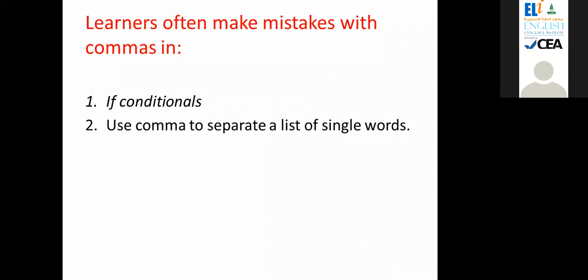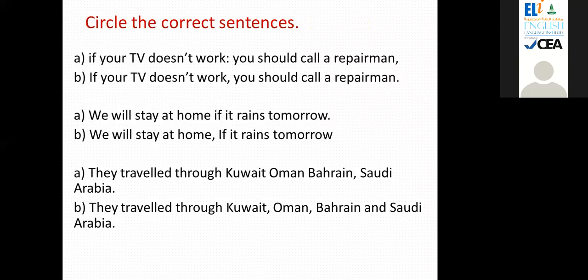As suggested by the Cambridge Corpus, learners often make mistakes with commas in these two examples. Let's circle the correct sentence. We have A and B. I want you to circle or highlight the correct one.